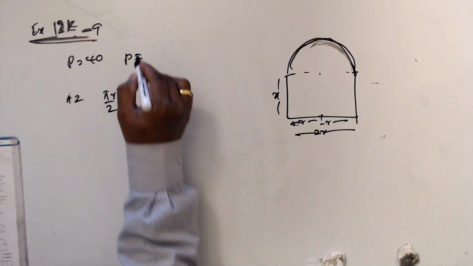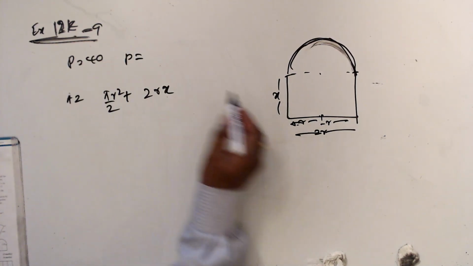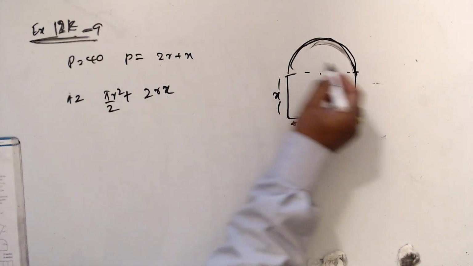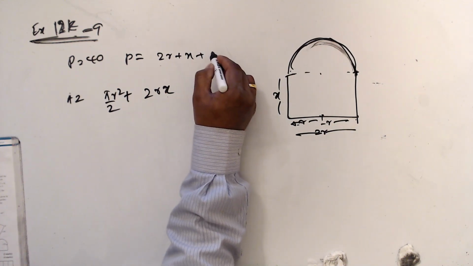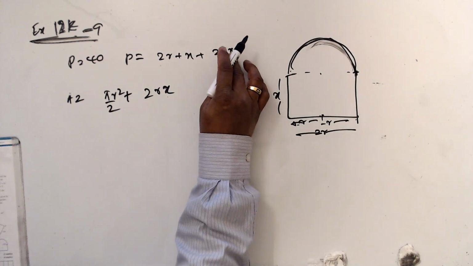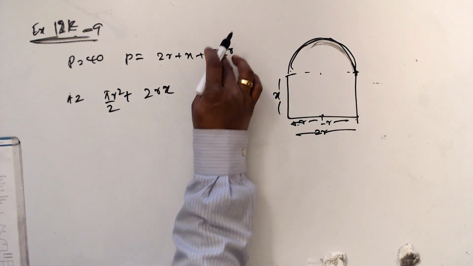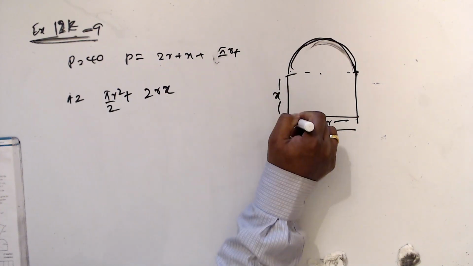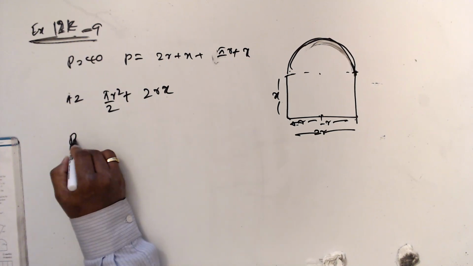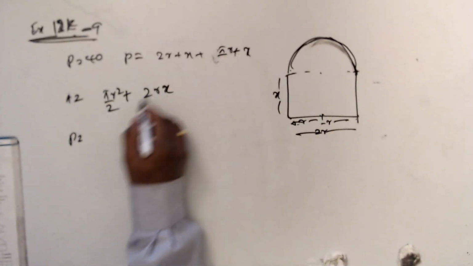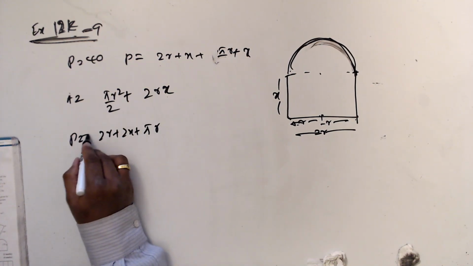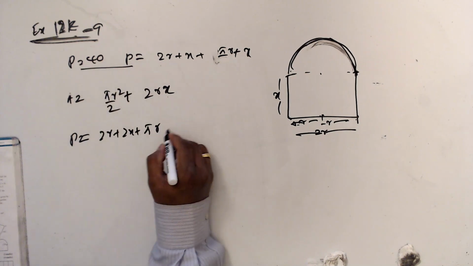Now we'll write P equals, this is 2R, this length is X, and this is 2 pi R divided by 2. The whole circle is 2 pi R circumference, half of it is pi R. And then this length X. So P equals 2R plus 2X plus pi R. So this value is equal to 40.